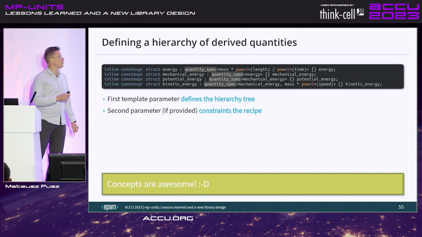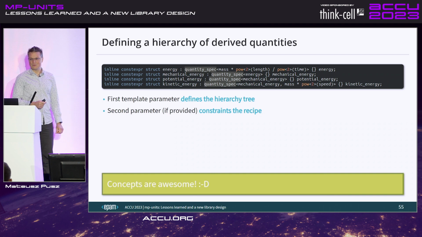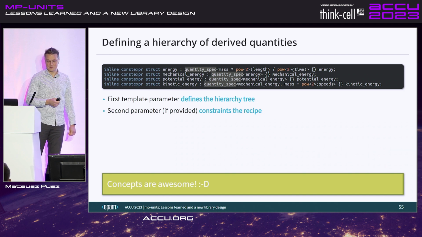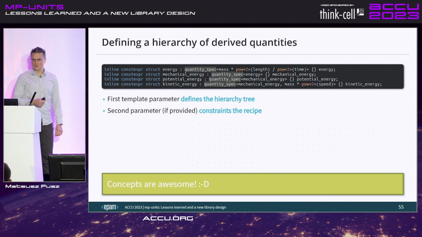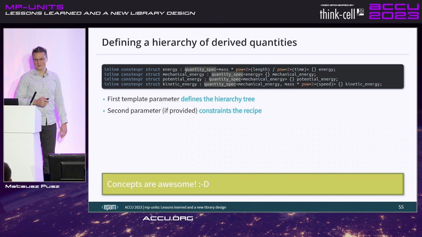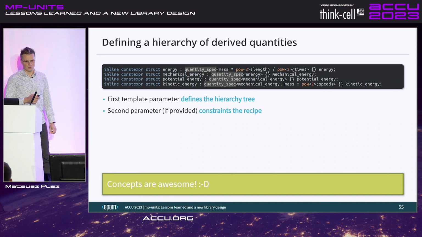Previously, we had to provide different names for different types having different lists of arguments. This would be something like quantity spec with equation, or with whatever, with recipe as a type. Right now, I can use exactly the same name and just constrain it with different concepts. Of course, I could enable-if class templates before, but it was really inconvenient, as I described in my workshop about concepts on Monday.